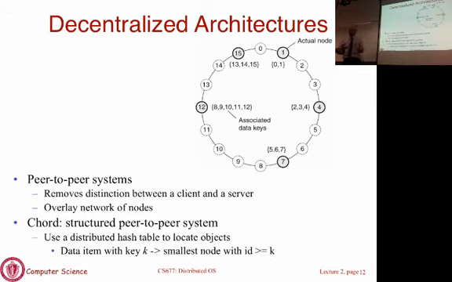So what happens is, if a user says, I want to search for this content, typically you will specify a file name. You may say Linux CentOS distribution 5.1 or some such thing, or you may give the name of a music file. So you'll give a string. Internally, the system will map it onto some ID using a hashing function, because file names get mapped to some particular ID.